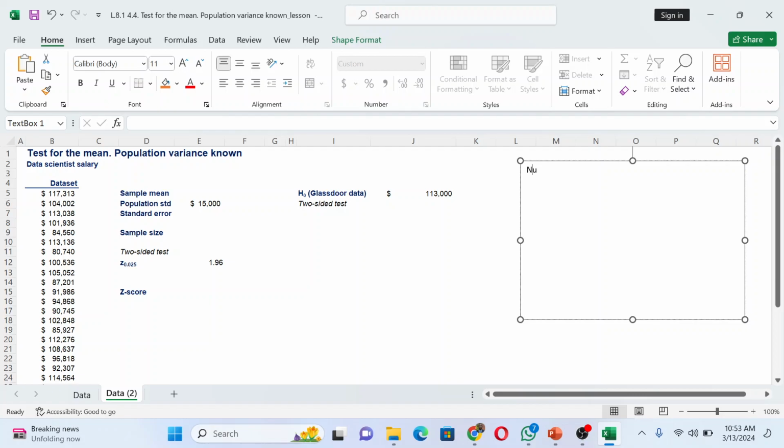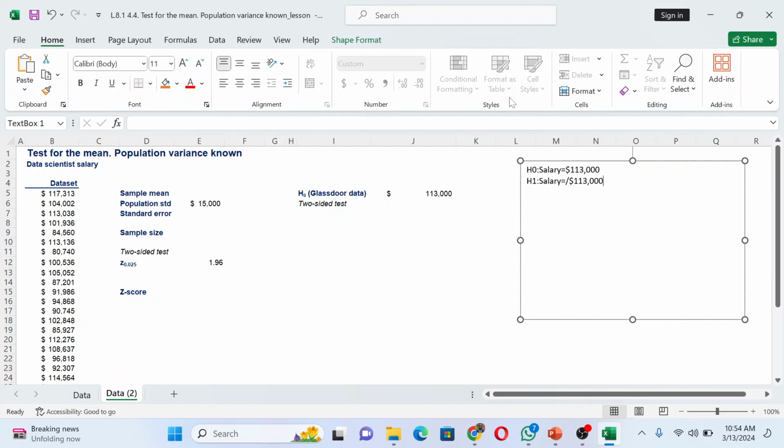Our null hypothesis, which is represented by H naught or H0, is that the salary, just say salary because of space, is equal to USD 113.00. Our alternative hypothesis, which is H1, is that the salary is not equal to 113.